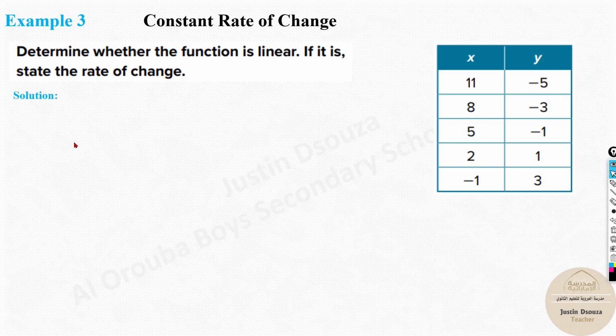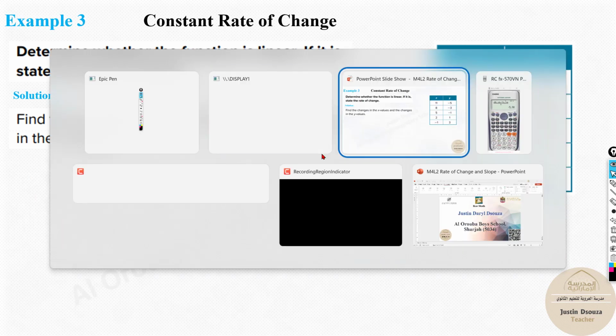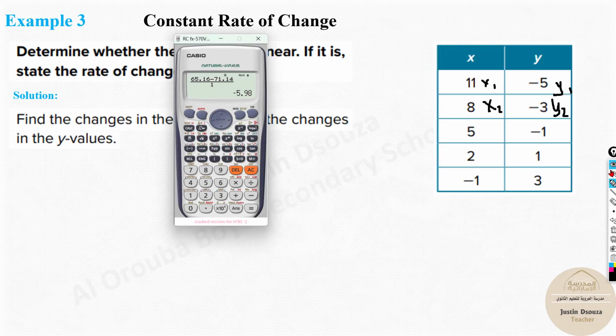Over here they have not done it, but anyways, let me just do it over here. Just choose any points. I start from the top one itself, x1, y1, x2, y2, and then put it in the calculator.